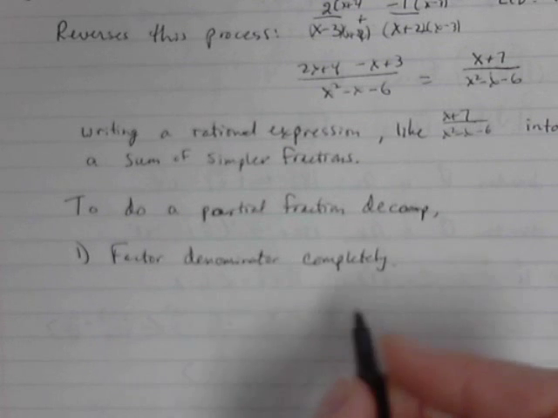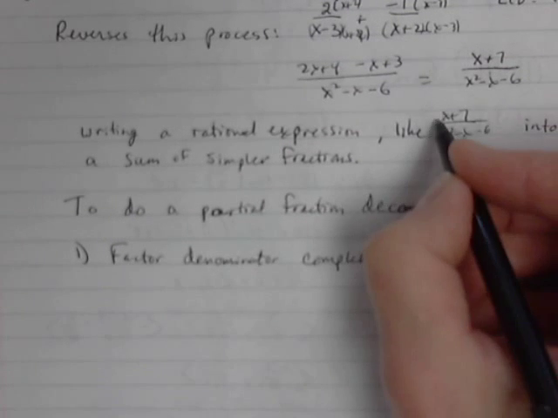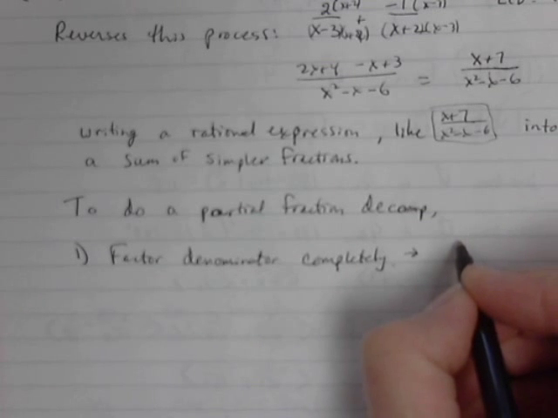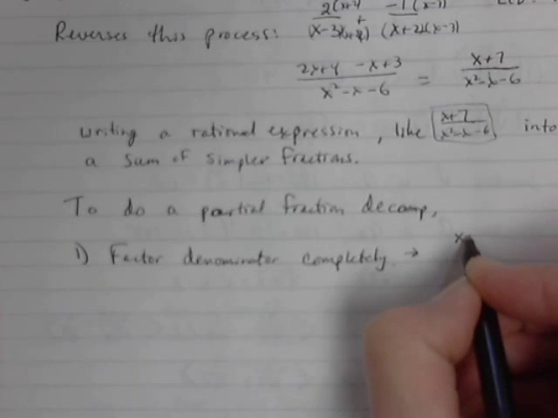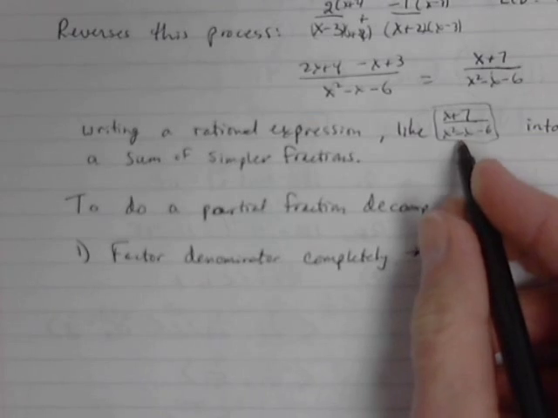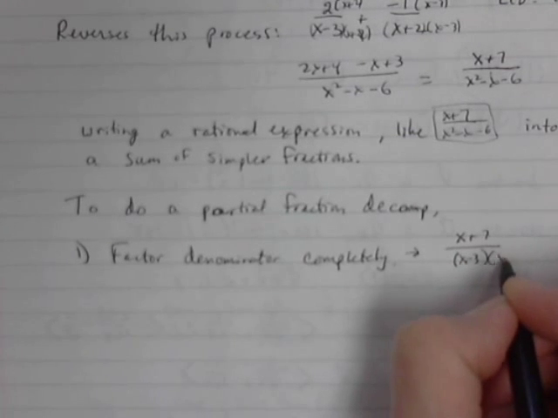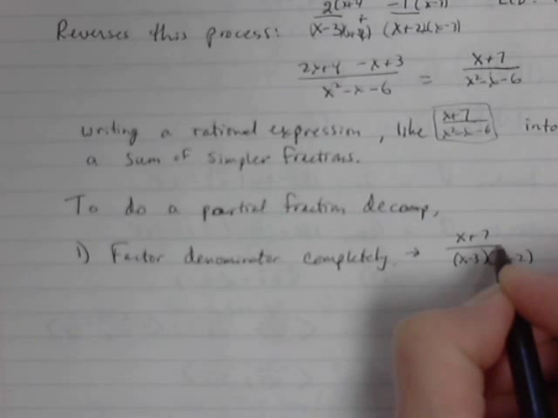Okay, so let's say we're given this. So what we're going to do is we're going to say x plus 7 all over, and if you factored that, you would get x minus 3 times x plus 2.